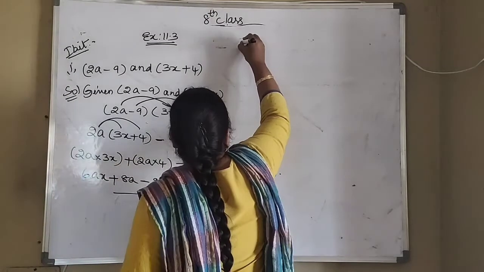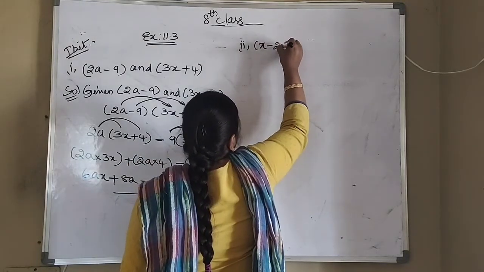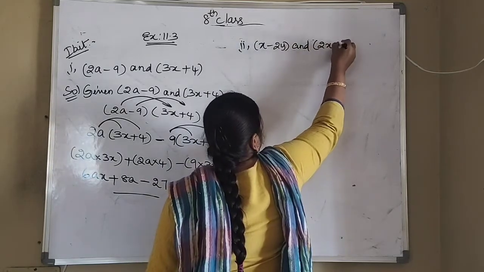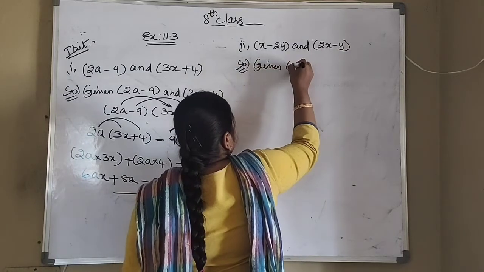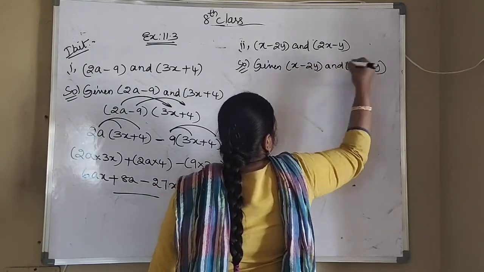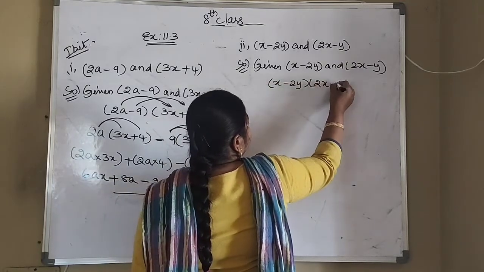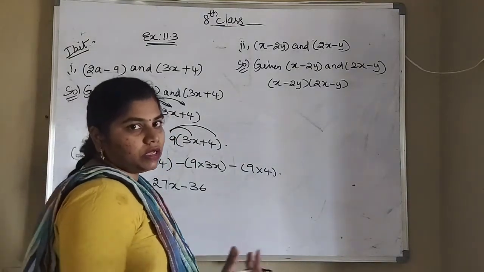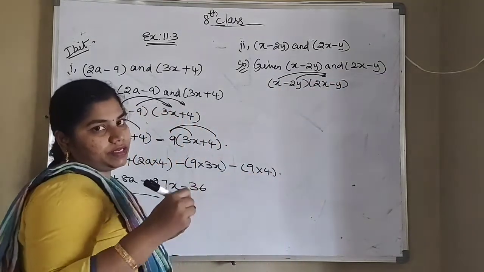Okay, so next one, second one, x minus 2y and 2x minus y. So we have to multiply these two terms now. Given x minus 2y and 2x minus y, x minus 2y into 2x minus y. So it is a binomial with binomial, you convert into monomial with binomial. Each and every term you have to multiply with the other expression.